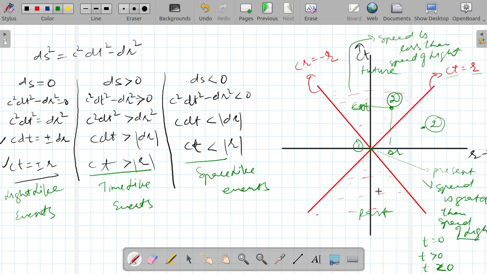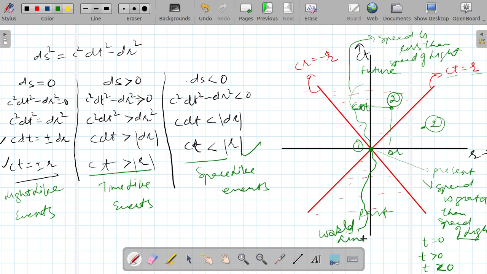Then this inequality will be possible if it is less than the speed of light. So if I know the present position, I know every event occurring inside the cone region, and any line inside this cone is known as a world line.